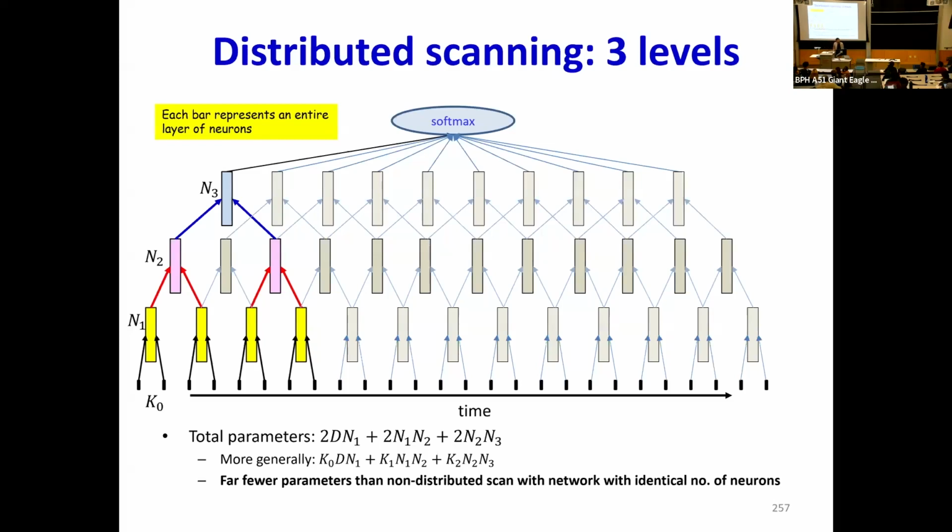And so by reusing the computation in this manner, I'm actually using far less compute than I would if I were doing the whole thing in one shot, right? So does this answer the question about why scan and why distribute? Why reorder? If you were not reordering things, you could not take advantage of this.